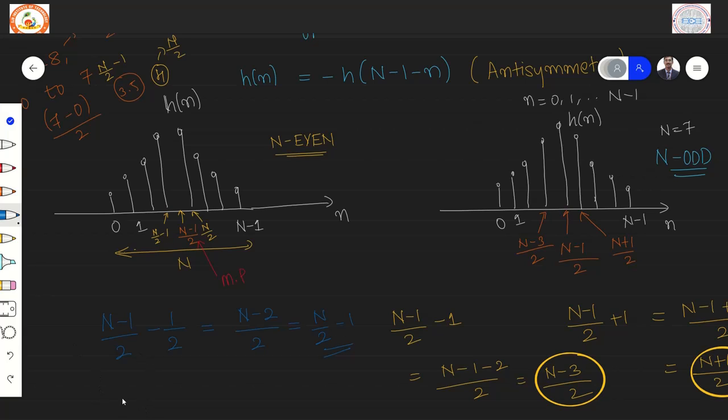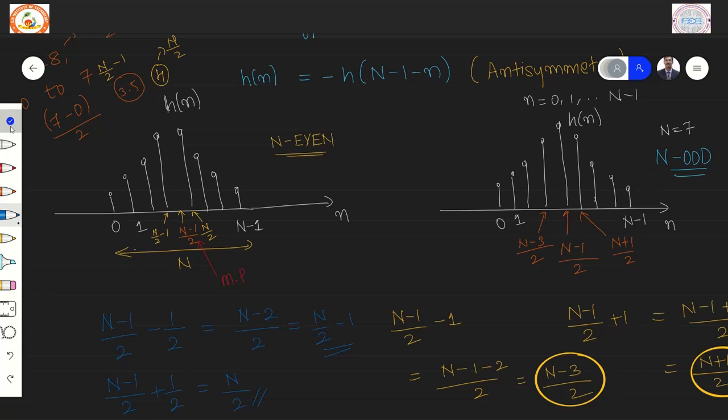In the same way, if we are going forward by half a unit from the midpoint N minus 1 by 2, we end up with N minus 1 plus 1 divided by 2, that is equal to N by 2. So the next point where we have a value is N by 2. It is very simple to arrive at the index for the points on either side of the midpoint.